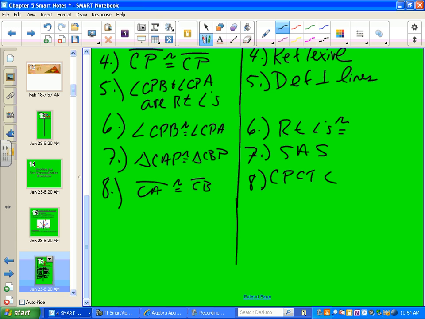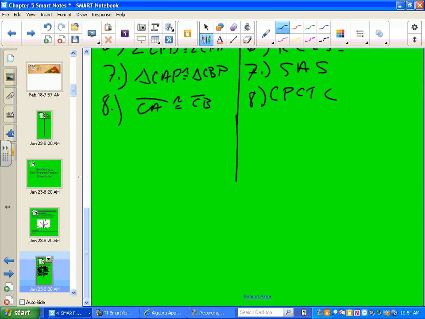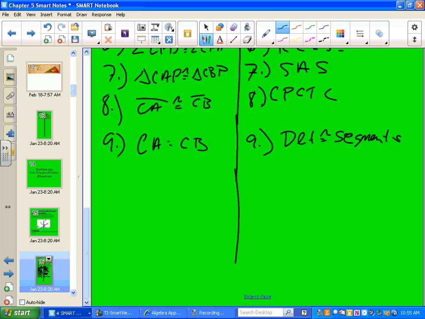Corresponding parts of congruent triangles are congruent. And now that they're congruent, what can you tell me, Dan? That they're equal, very good. So CA equals CB. And that's definition of congruent segments. And we're done.